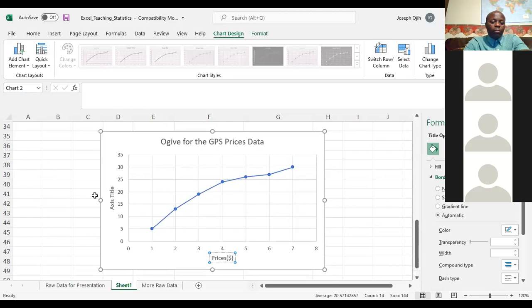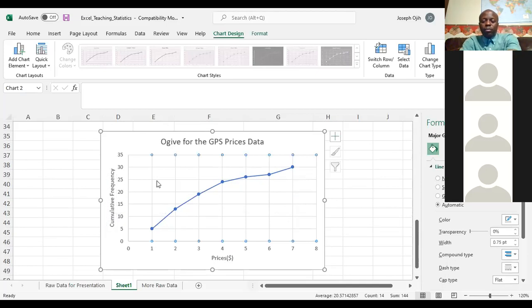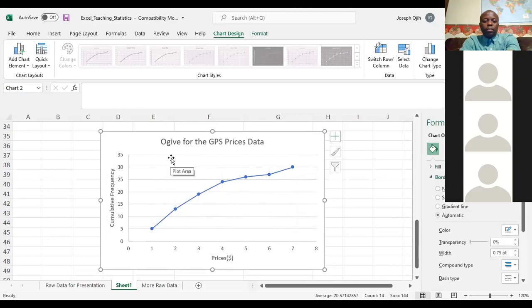And here you're gonna write not frequency this time, you're gonna write cumulative frequency. And then if you like, I can remove these grid lines. Okay, so the grid lines, I'm gonna remove them.